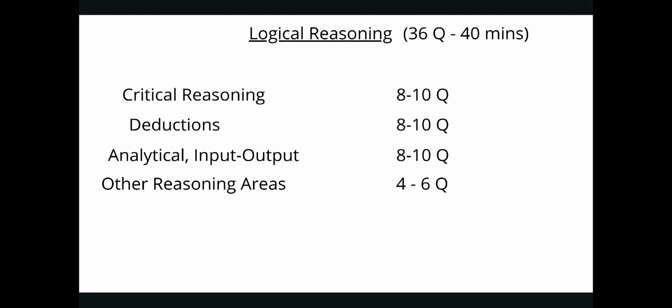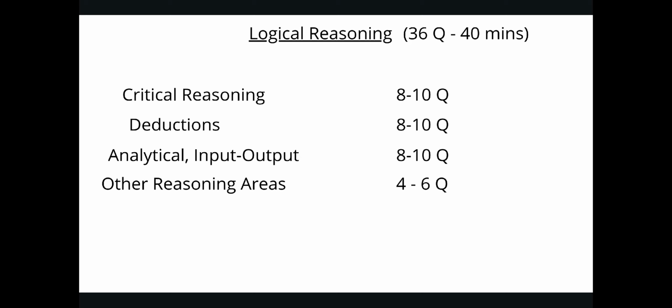And again, the input output, we can expect two sets from input output. One set is minimum, and each set of input output consists of 3 to 4 questions. And analytical puzzles, number related puzzles, or else you can also get linear arrangement puzzles. So any type of puzzles.